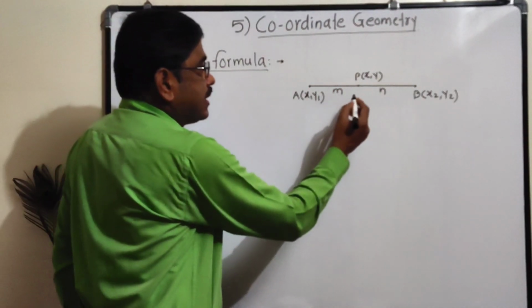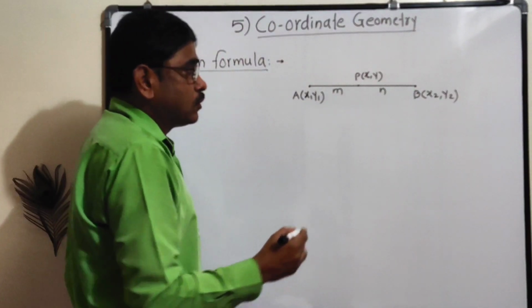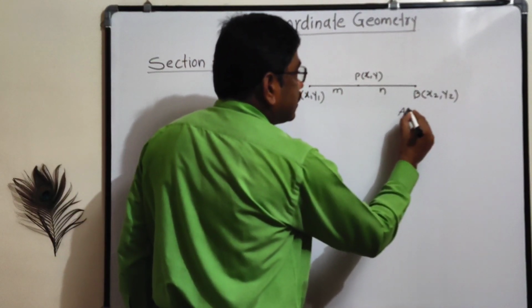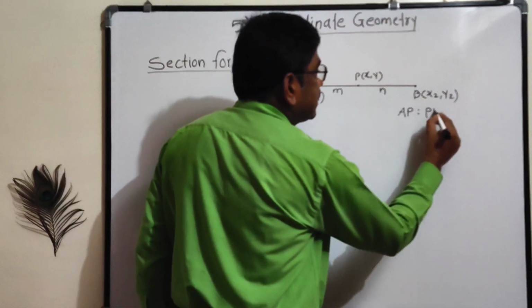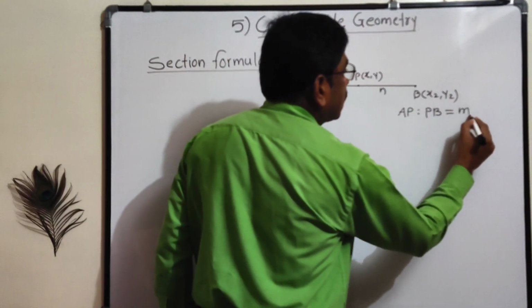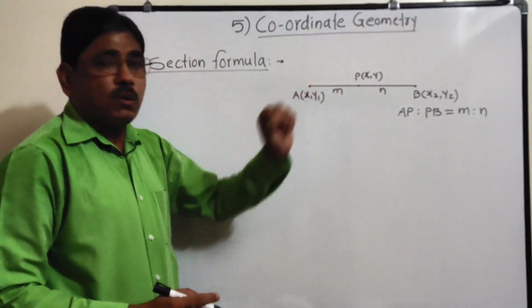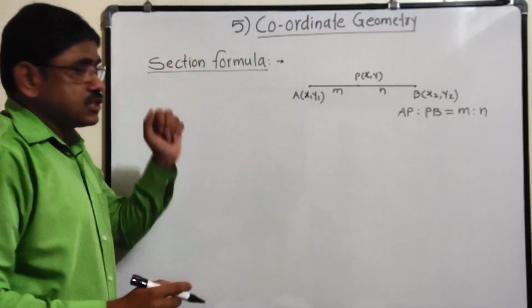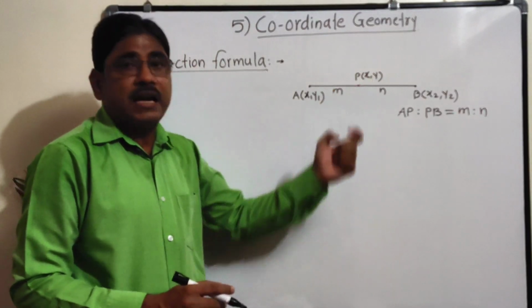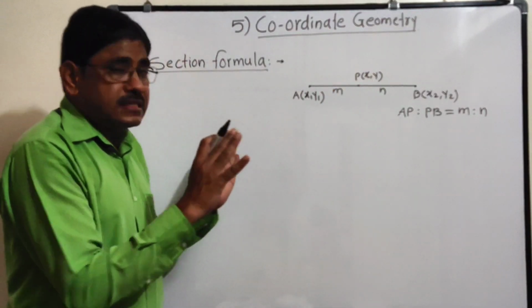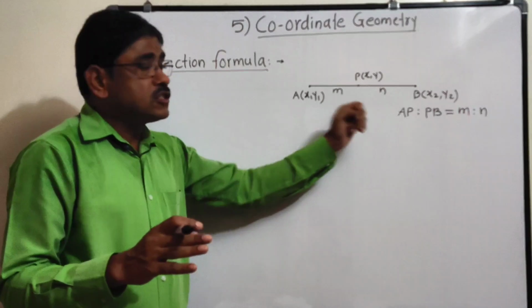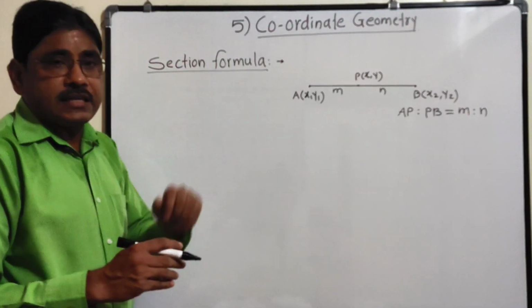So AP is to PB is equal to m:n. Then find the coordinates of point P using the section formula. To get the coordinates of that point which divides this segment in the ratio m:n, we use this section formula.